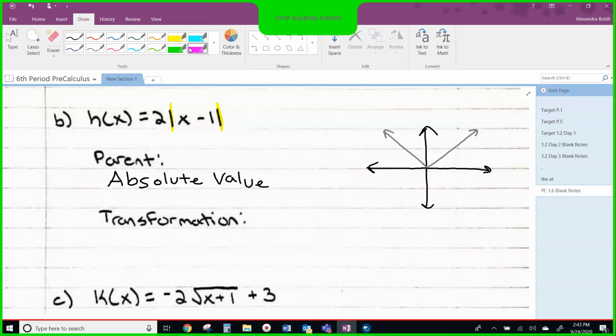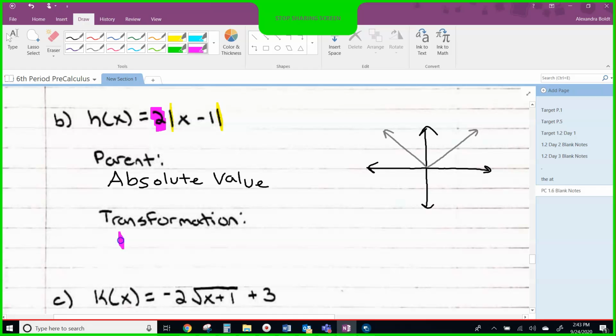And then we want to know what transformations are happening, right? Well, our absolute value function is just absolute value of x. So this 2 is new. That 2 is on the outside, so it's doing something vertically, and it's multiplying, so it's like a stretch or a shrink, right? Since it's outside, you don't have to flip it, so it's getting 2 times whatever it is.